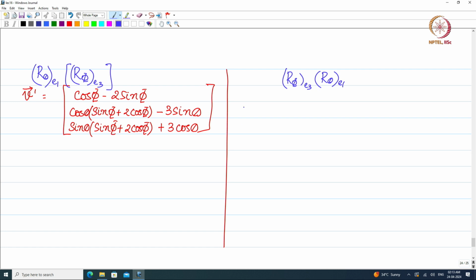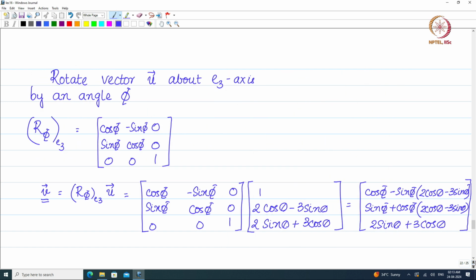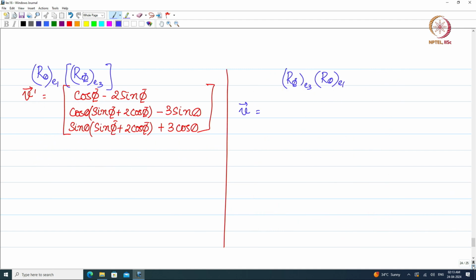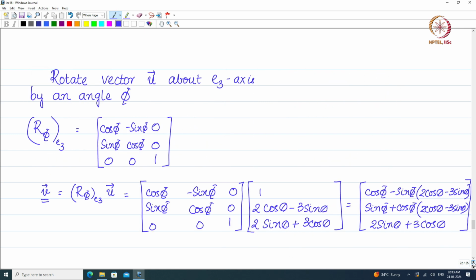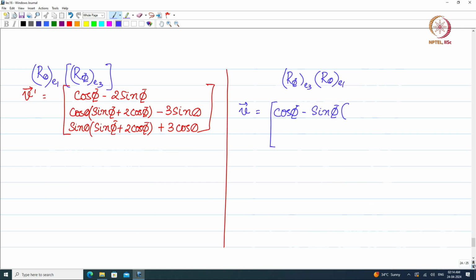Let us look at the vector that we had here, which was the vector v. The vector v was the following: cos phi minus sin phi into 2 cos theta minus 3 sin theta.